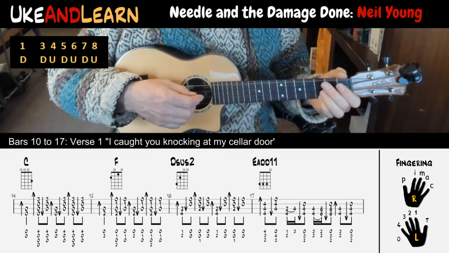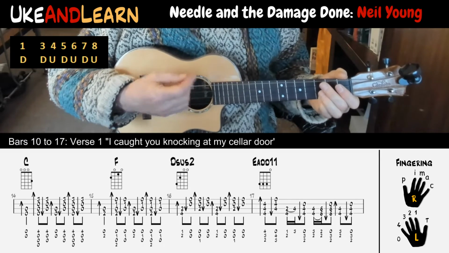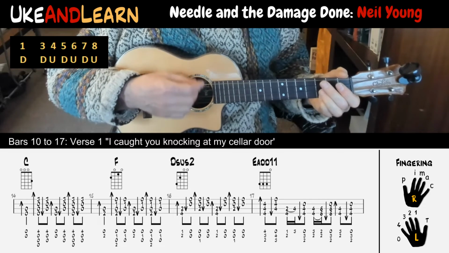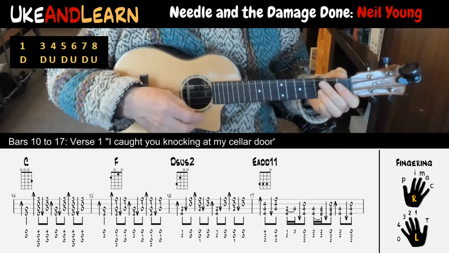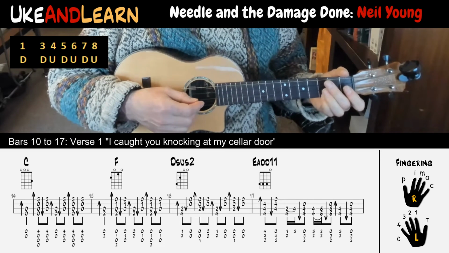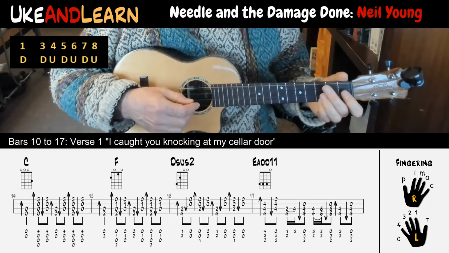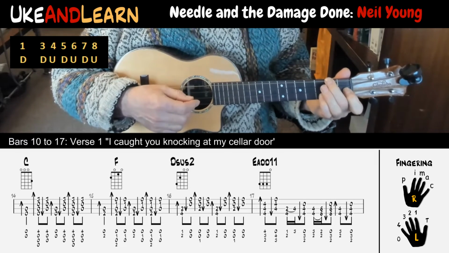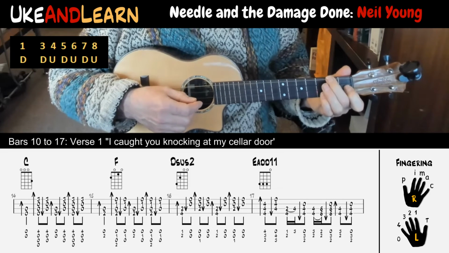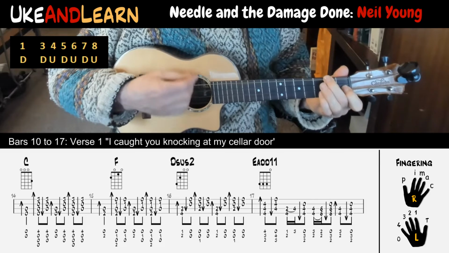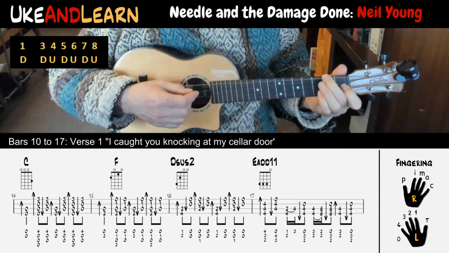So you play it like this: down, down, up, down, up, down, up. And then similarly for bar 15, you hold an F chord. That's G2, C, E1, and A. So that goes down, down, up, down, up, down, up.